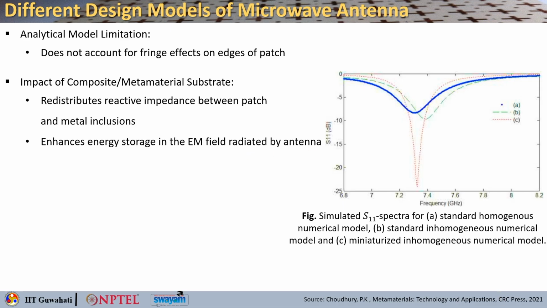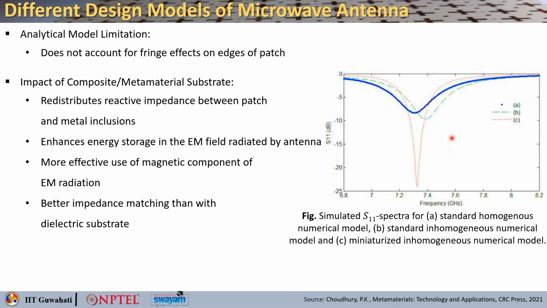So, it results in increasing the energy stored in the EM field radiated by the antenna due to a more effective use of the magnetic component of the radiated EM field compared to the case of the antenna with dielectric substrate. We can also observe from the figure that the antenna with composite substrate is better impedance matched than the antenna with the dielectric substrate.